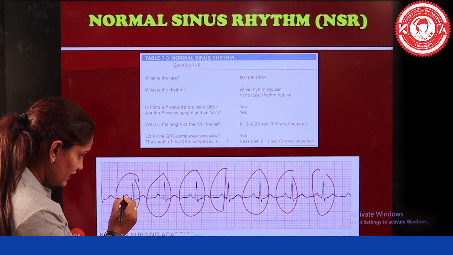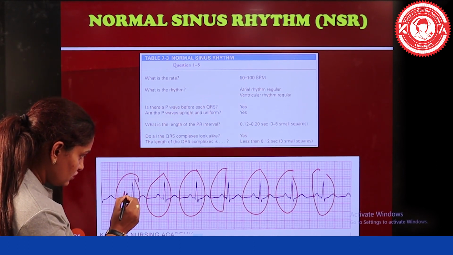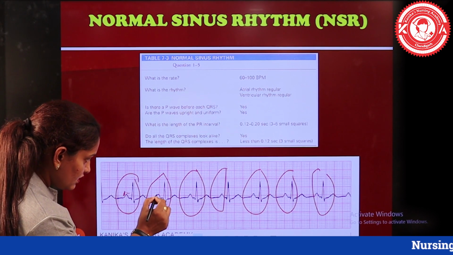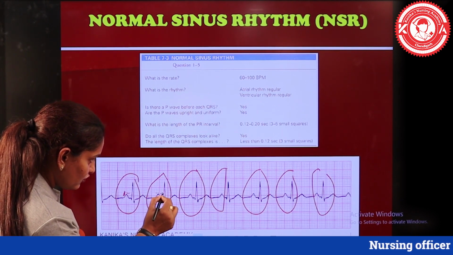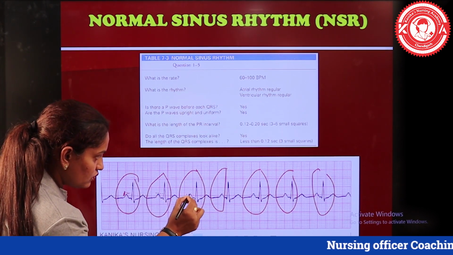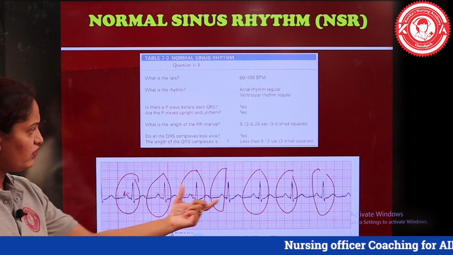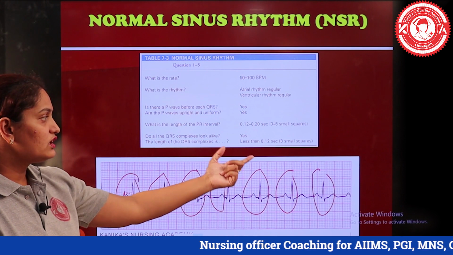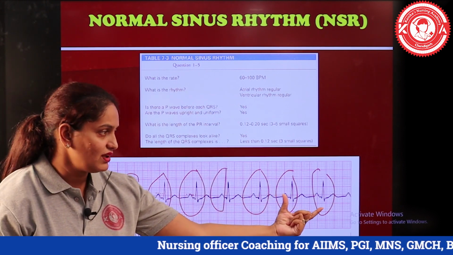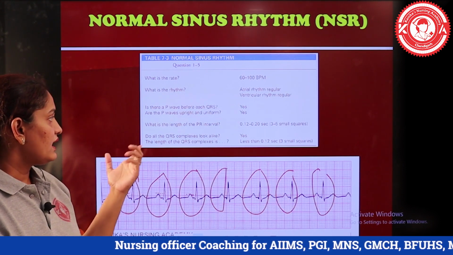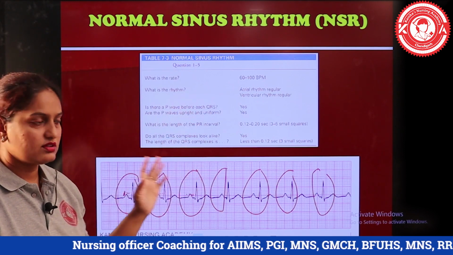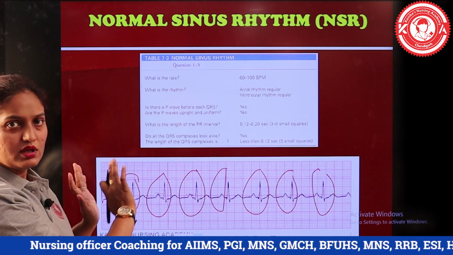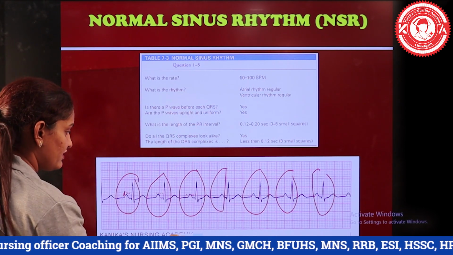So let us see: 1, 2, 3, 4 and 5, 1, 2, 3, 4 and 5, 1, 2, 3, 4 and 5. So everywhere it is coming out to be normal. Then all QRS complexes are also looking normal, less than 0.12 seconds, and all these questions are found to be normal in a normal sinus rhythm.